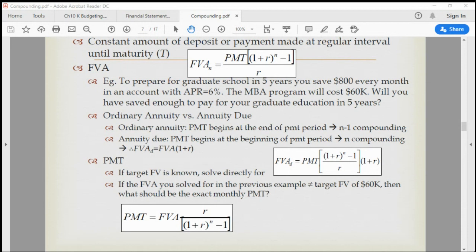So the first deposit, until month 60, will earn monthly interest, compounded 59 times in total. Isn't that right? Because you're making a deposit at the end of the period.